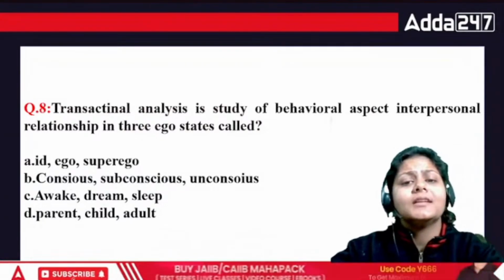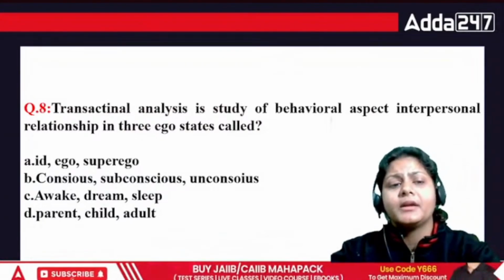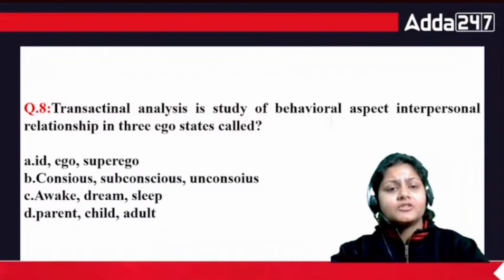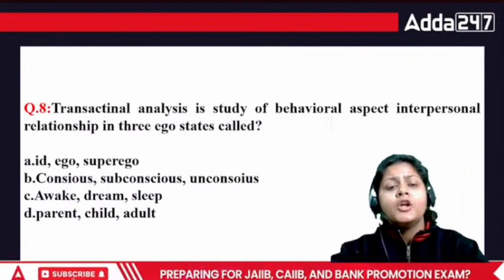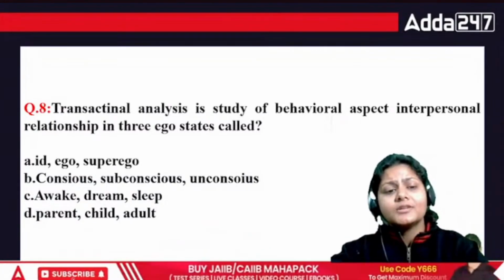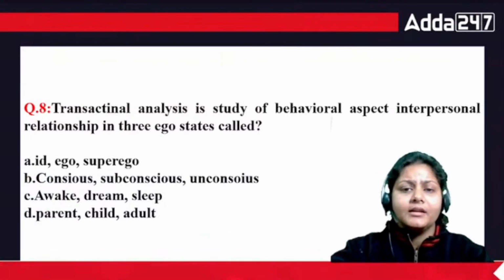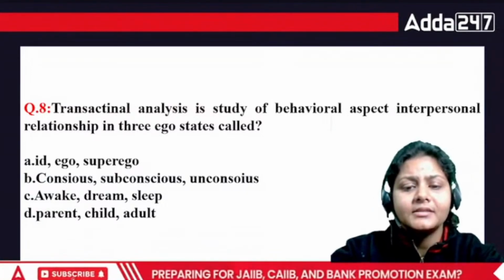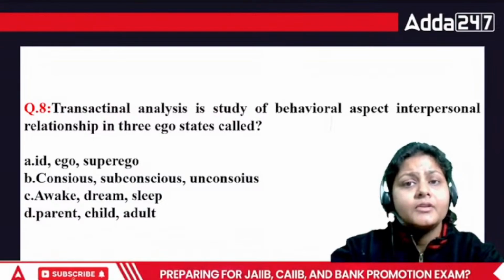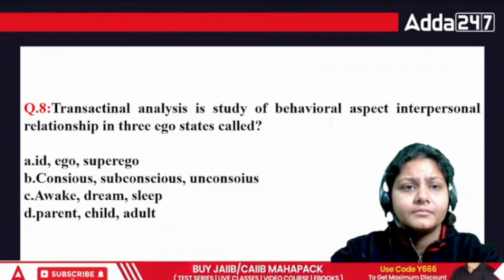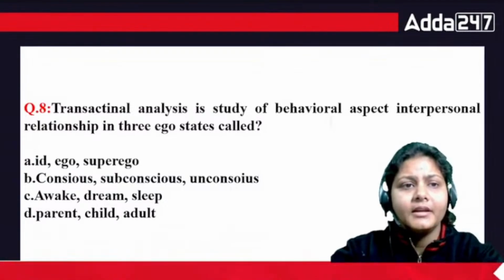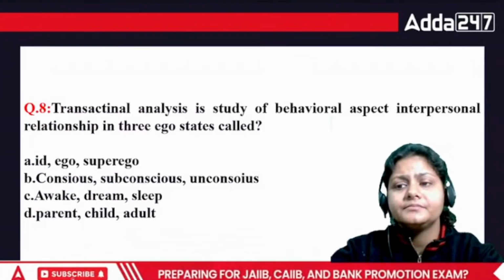Now transactional analysis is a study of behavioral aspects, interpersonal relationship in the three ego states. Is it id, ego, superego; conscious, subconscious, unconscious; awake, dream and sleep; or parent, child and adult? Which one is the right answer?